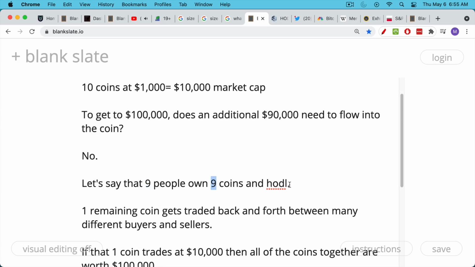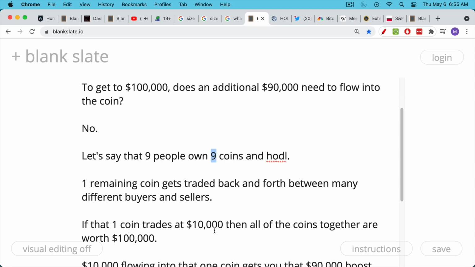So 9 of these coins are locked up for the long term by hodlers who really believe in it. And then we can assume that remaining coin stays very liquid and gets traded back and forth between a lot of newcomers and then people who exit, etc. So it kind of bounces back and forth between new buyers and sellers and gets traded at various prices.